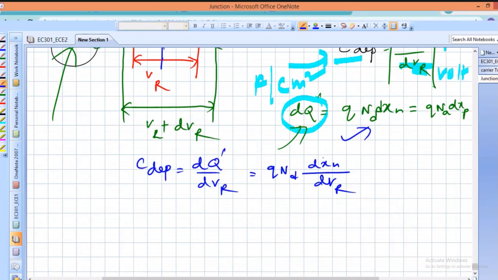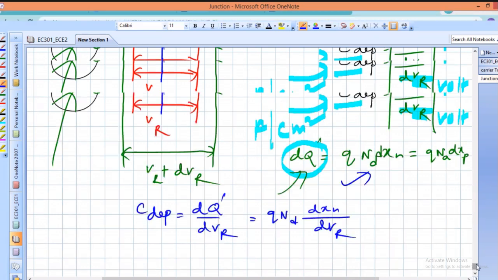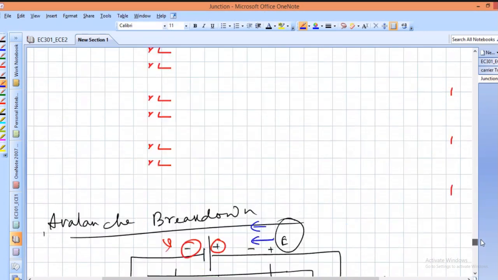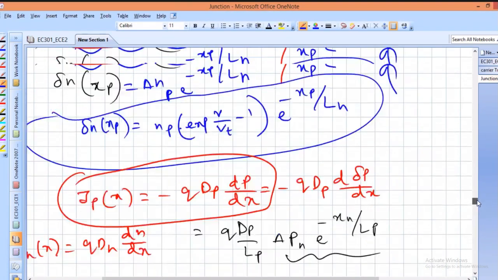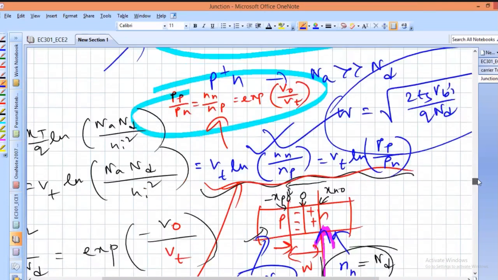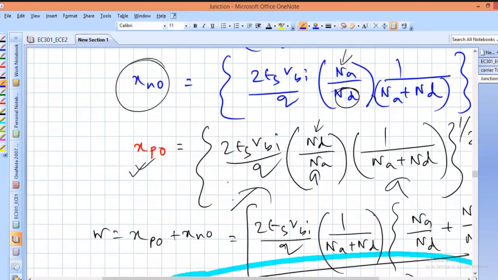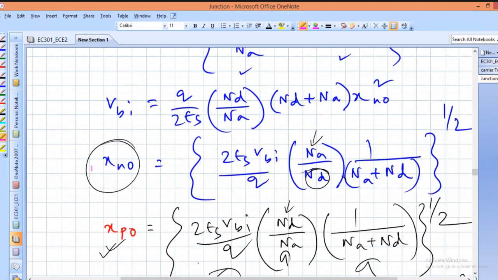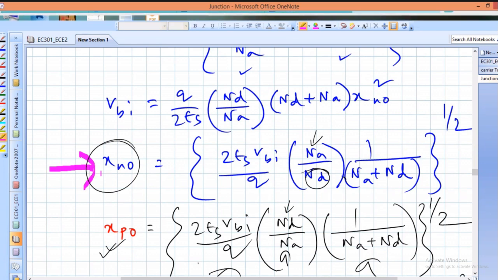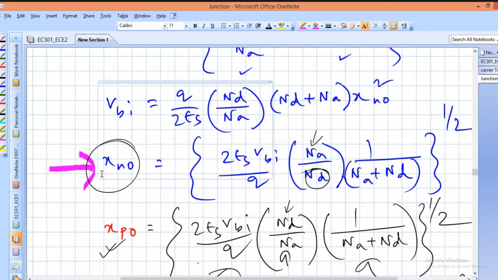So what is xn? We need to take the derivative of xn. You most probably noticed what xn is; I already derived this previously. See that? This is the xn, students: 2 epsilon s phi bi by q, Na by Nd, 1 divided by Na plus Nd, whole within the square root.